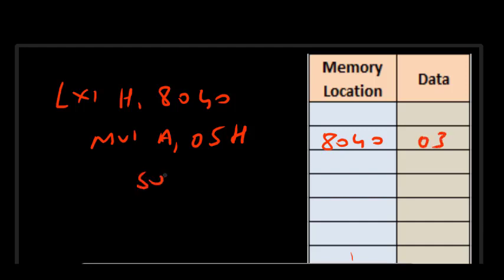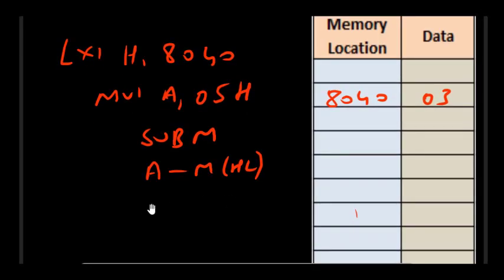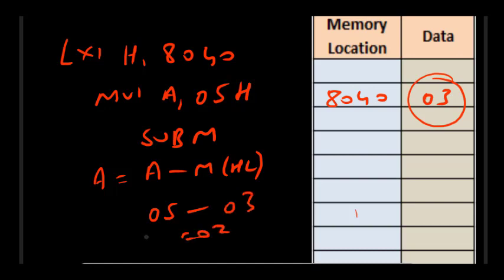Now if we write SUB M, this instruction does the subtraction A minus M, where M is pointed by the HL register pair, and the result gets stored in register A. So A is 5, and the memory location pointed by HL, 8040, contains 03, so this becomes 02. This result gets stored in register A.